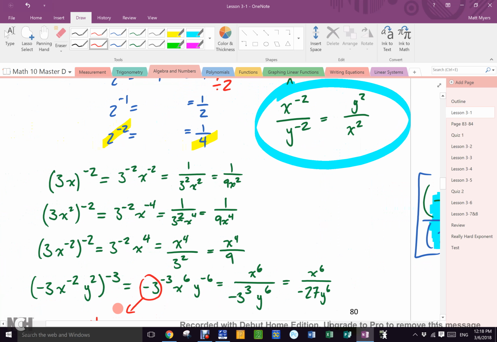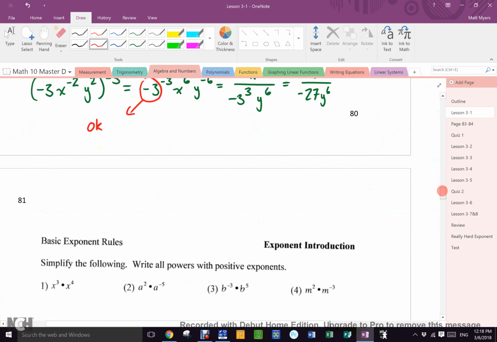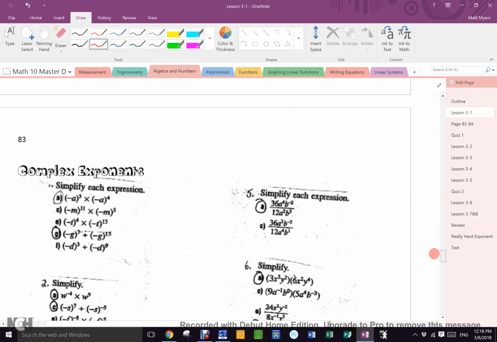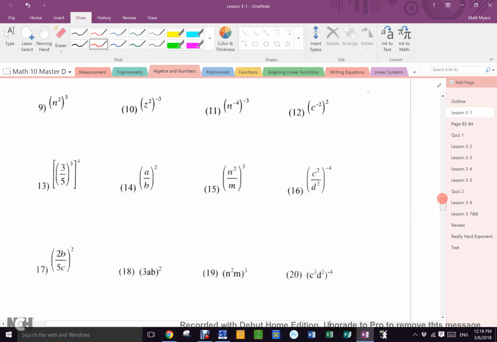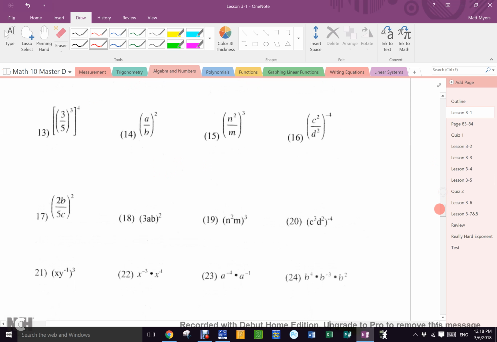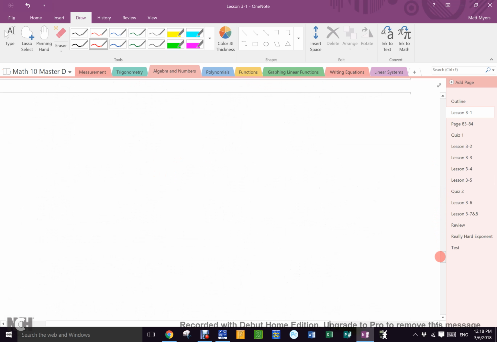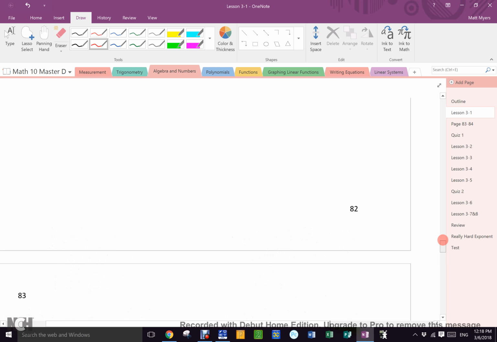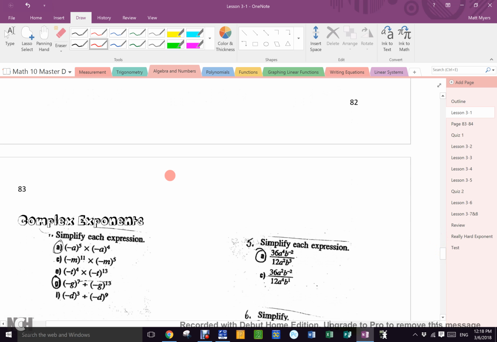So, you people are now at the point where page 81 to 82, you're going to do all of it. And 83 and 84, you only have to do the circled ones.